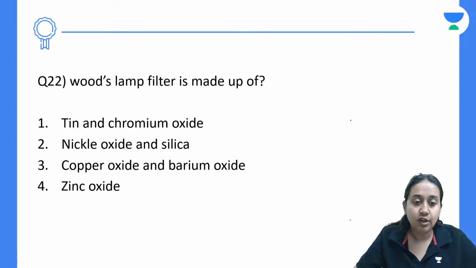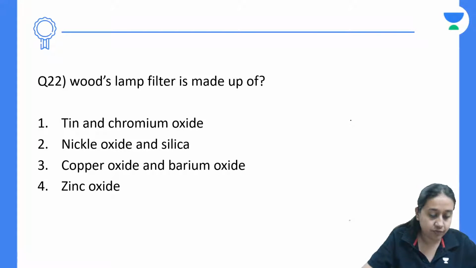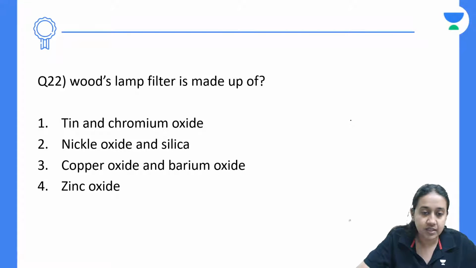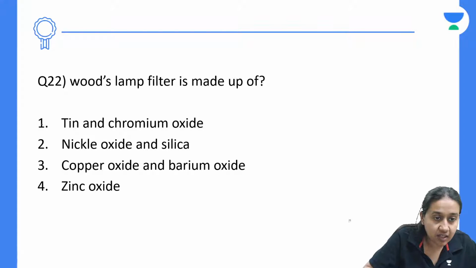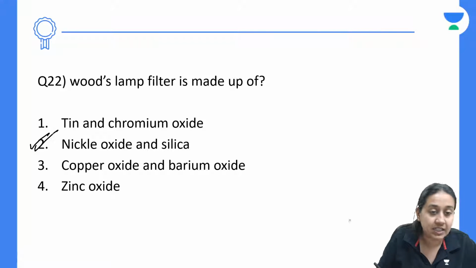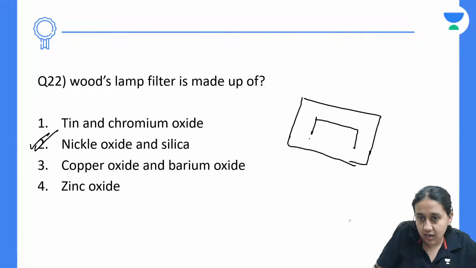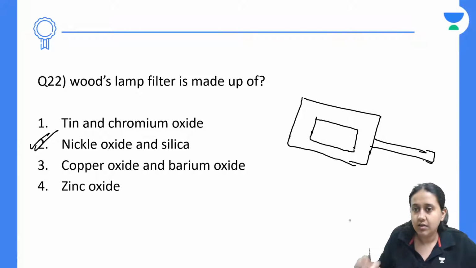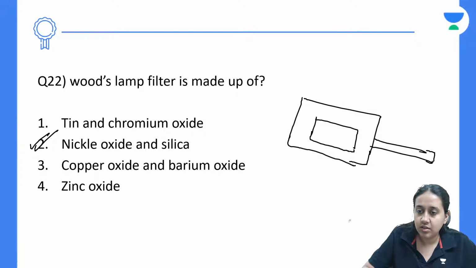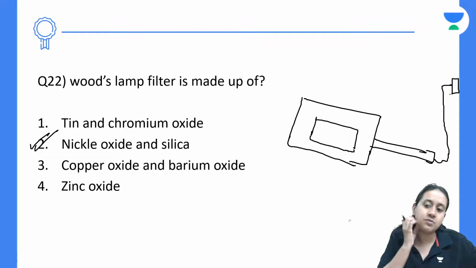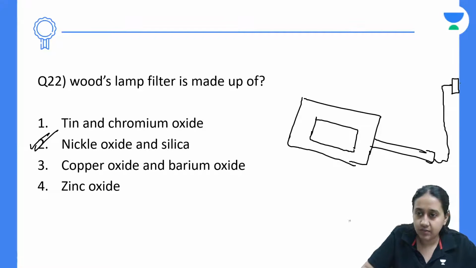Wood's lamp filter is made up of nickel oxide and barium silicate. Wood's lamp is a handheld instrument with a rectangular face and a handle which holds it.